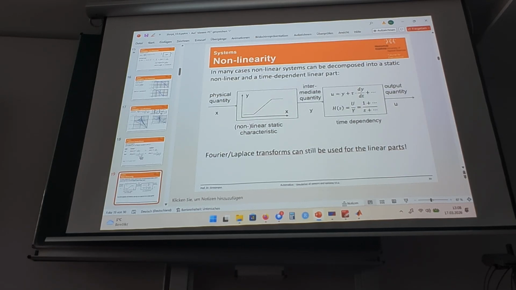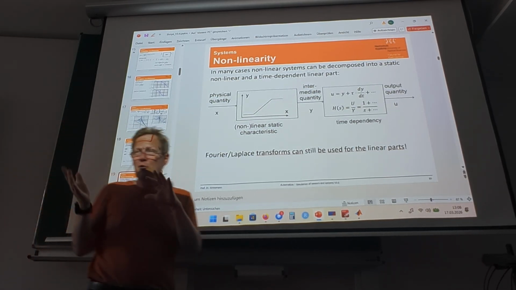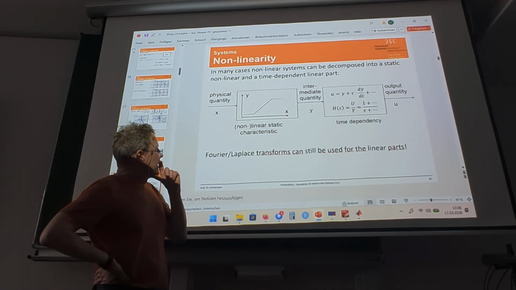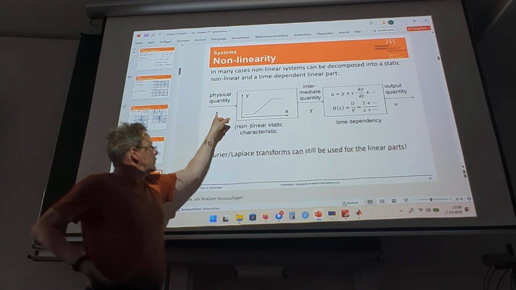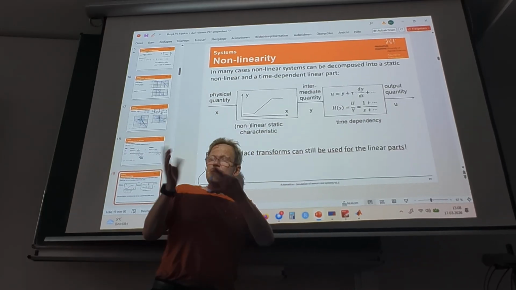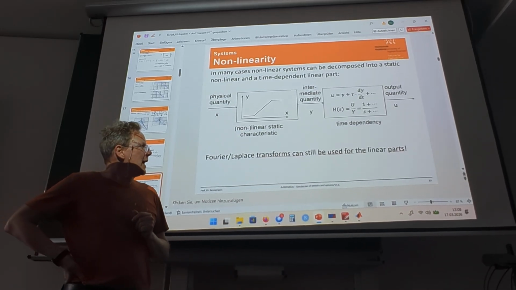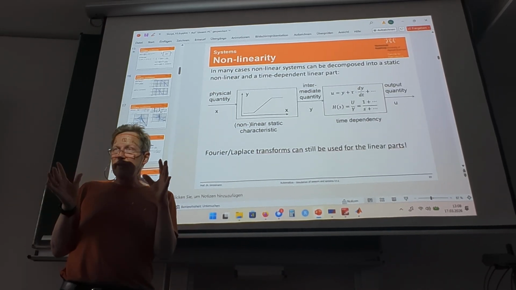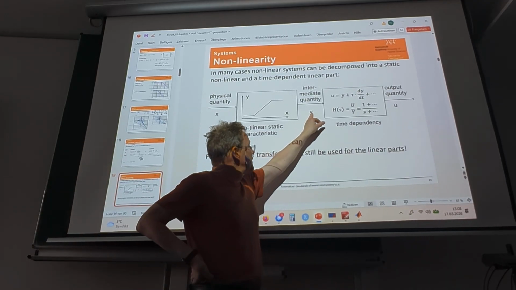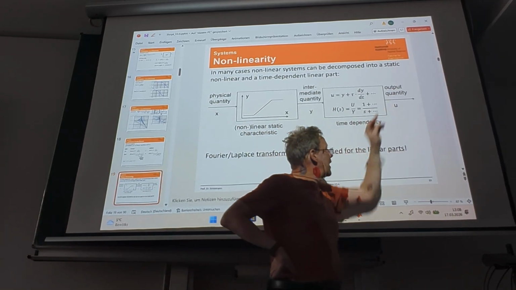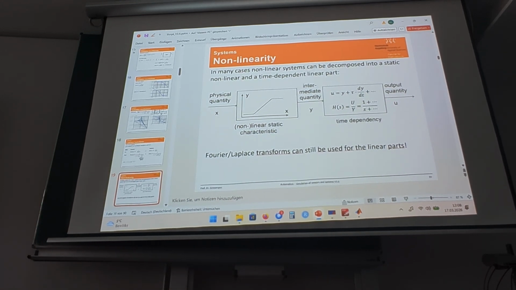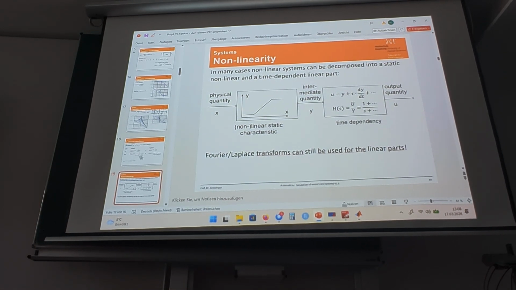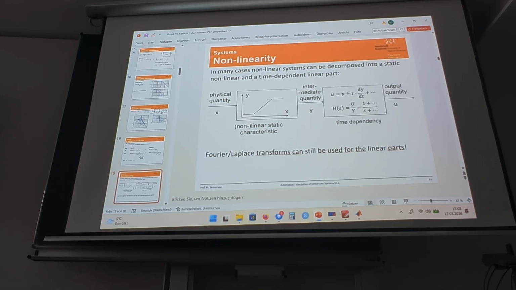But in many cases, you can decompose the system into a static calculation from the input into some intermediate variable. And then time-dependent ones only between this intermediate variable and the output, which might be only linear. Then for the linear part, you can still use Fourier and Laplace transforms.